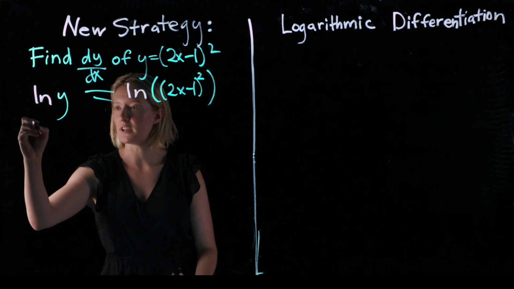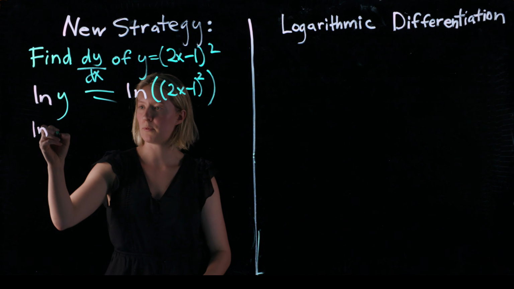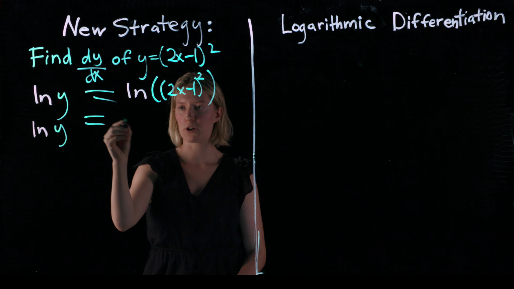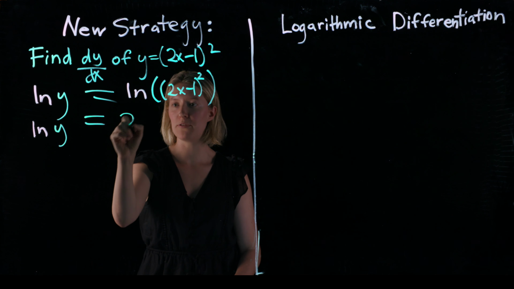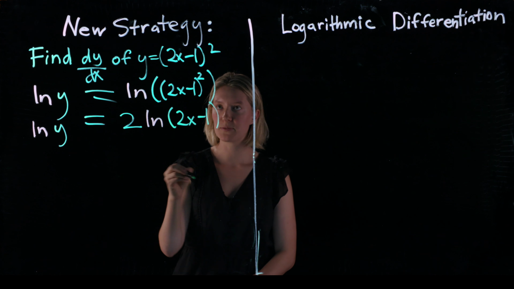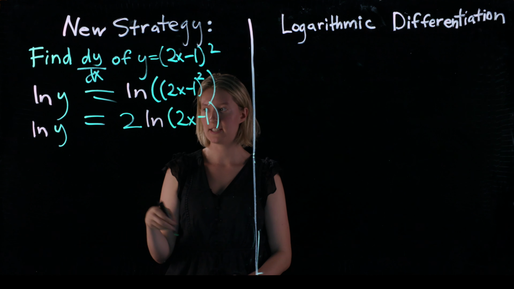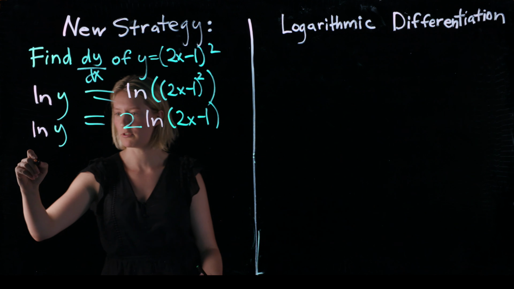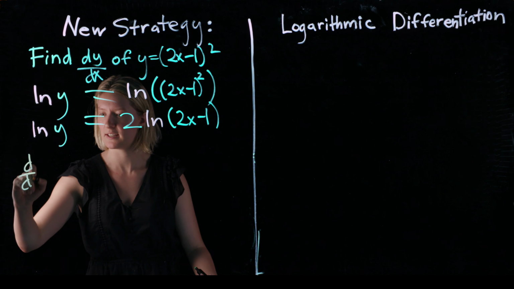So over here we still have the natural log of y. And then using the power property of logarithms, I can pull out this 2 and then have the natural log of 2x minus 1. At this point, after taking the natural log of both sides, this is when we introduce finding the derivative. So I'm going to take the derivative with respect to x on both sides.